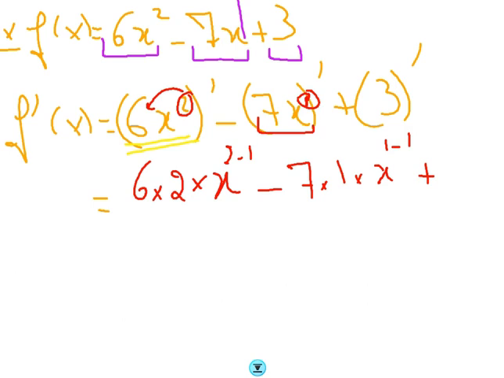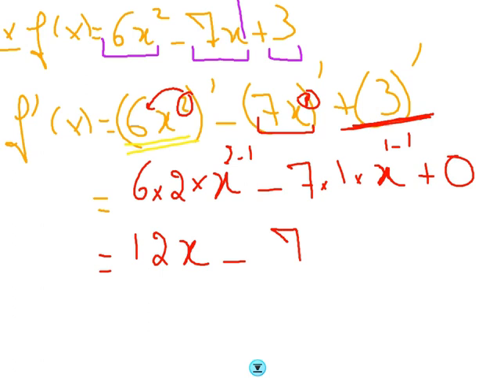Plus the derivative of 3. We said that the derivative of any constant term is 0, so you put 0. So let's simplify. It becomes 12x to the power 1. 2 minus 1 is 1, so 12x minus 7 times 1 is 7 x to the power 0 plus 0.